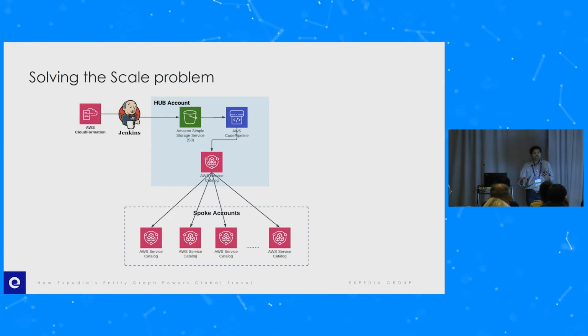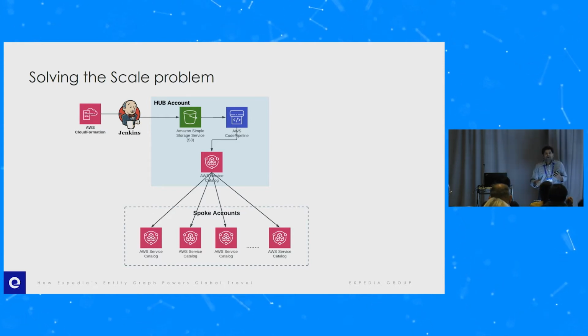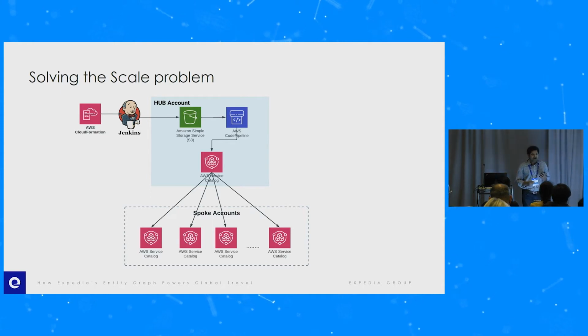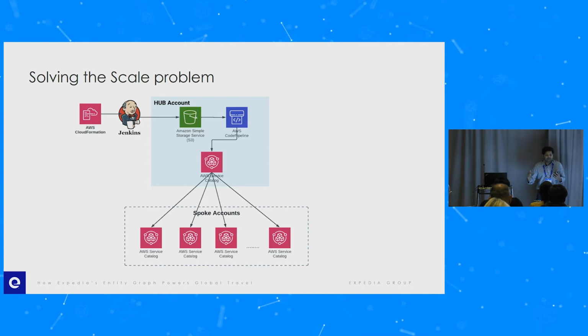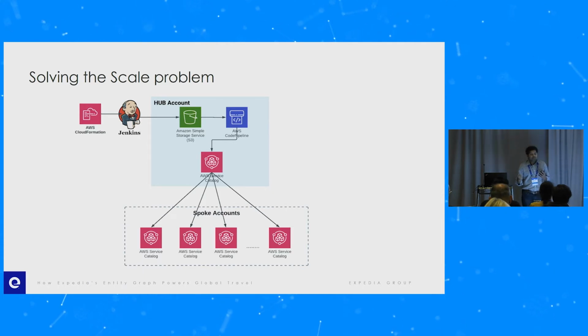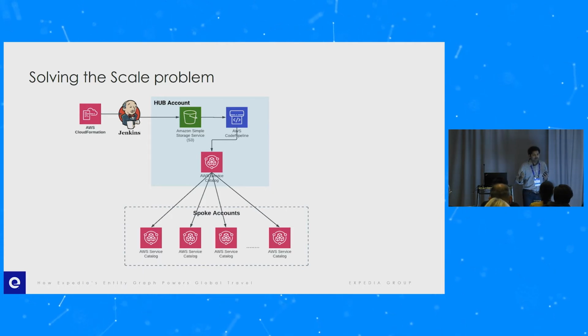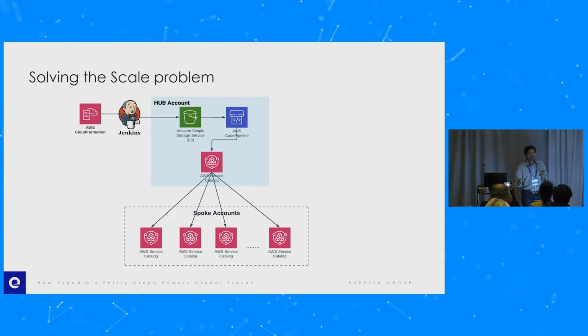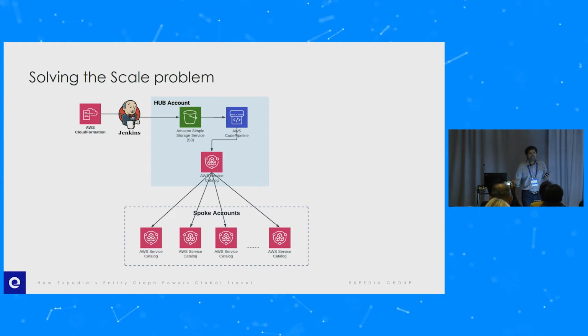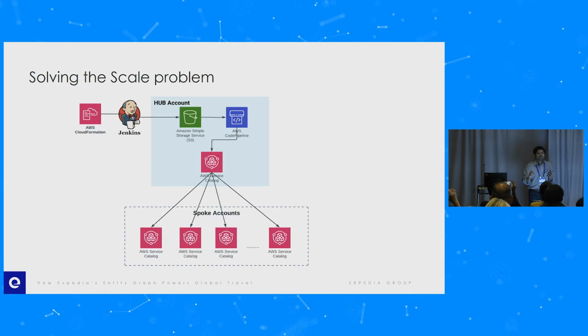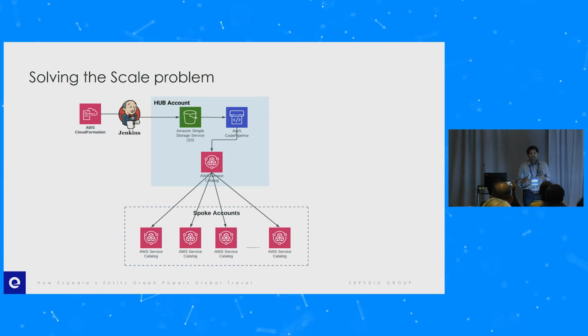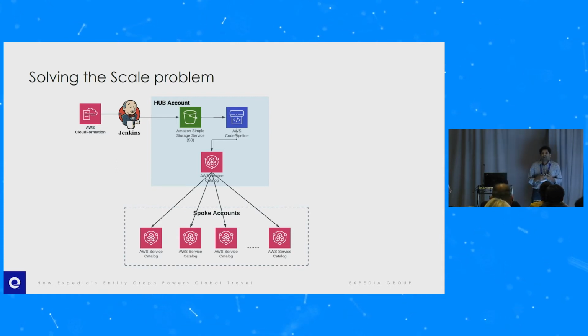All you have to do is create a CloudFormation for the new Neo4j version and push it into GitHub, and that's it. The CloudFormation runs, Jenkins runs, it's pushed into S3, the CodePipeline runs, and it is there in the Service Catalog, and Service Catalog takes care of making that version available across all the spoke accounts, and it is quickly available for the users to consume.